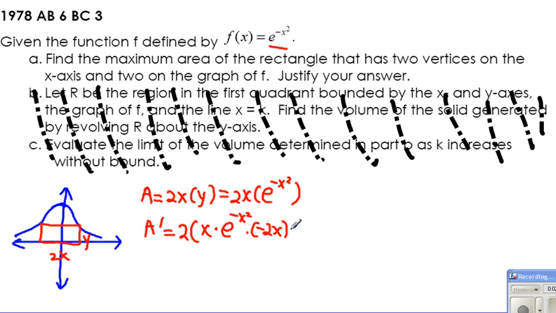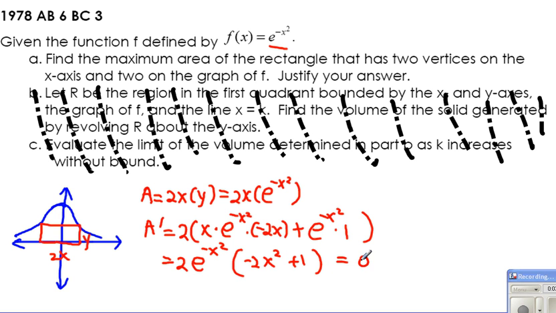Plus this one as it is, e to the negative x squared times the derivative of x, which is 1. The common factor between these two is e to the negative x squared. So as we factor out 2 times e to the negative x squared, what remains is negative 2x squared plus 1.